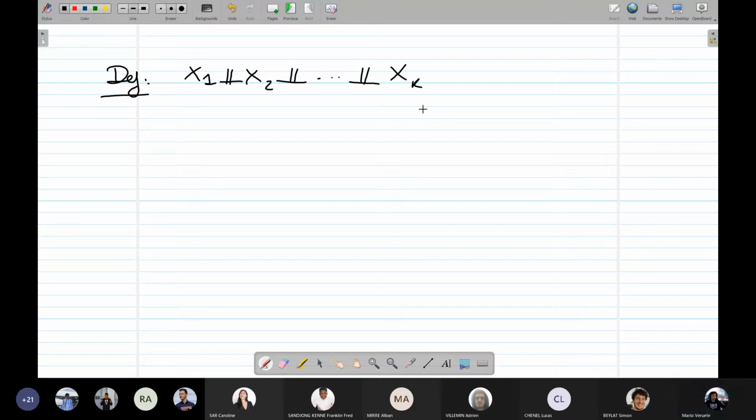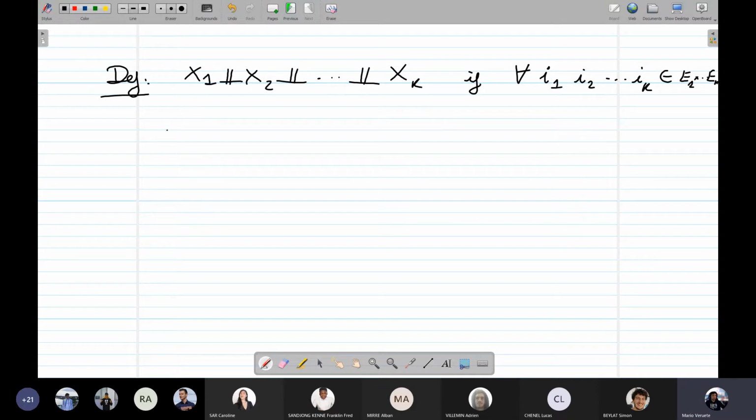Those k random variables are independent if for any i1, i2, ik in E1, E2, Ek, you have the Cartesian product here.